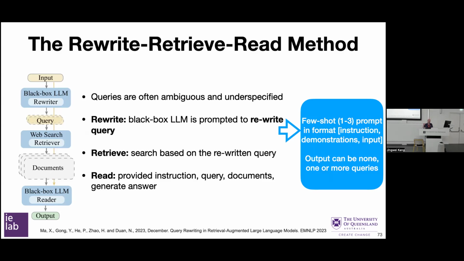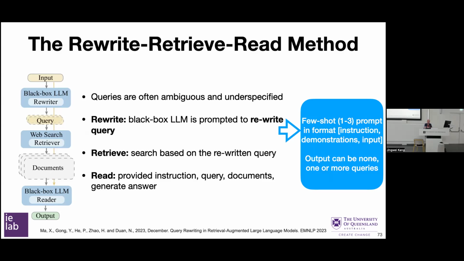Then you have one block that is tasked to do the actual retrieval, so the search with that rewritten query. And you have a third block, the read block, that given some instruction, given the query, and given the document, now generate the answer. Okay, so let's have a look at how that actually ends up being implemented.